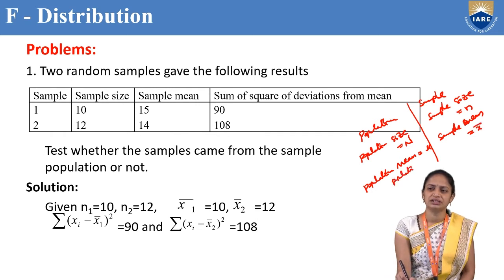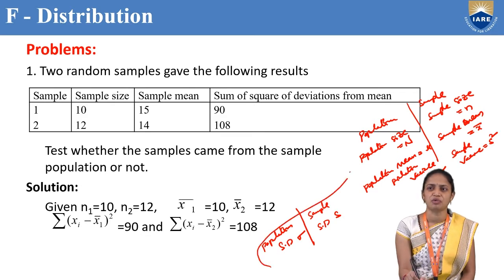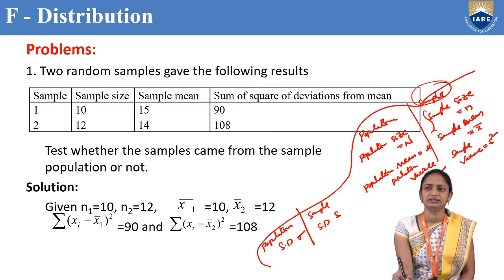Population variance is denoted with sigma square, and sample variance is denoted with s square. Population standard deviation is denoted with sigma, and sample standard deviation is denoted with s. First of all, you need to remember these points. The most important thing is that the sample mean is denoted with x bar, sample variance with s square, and sample standard deviation with s.